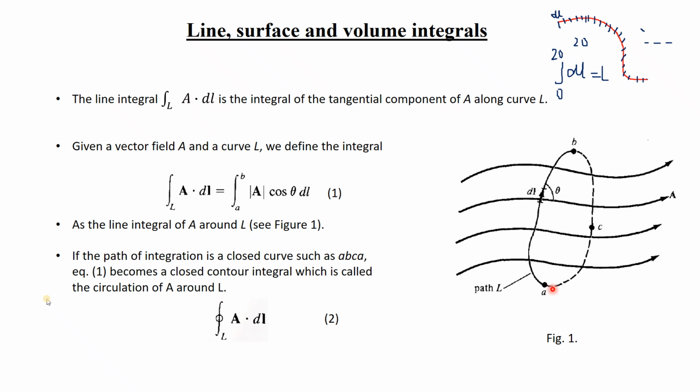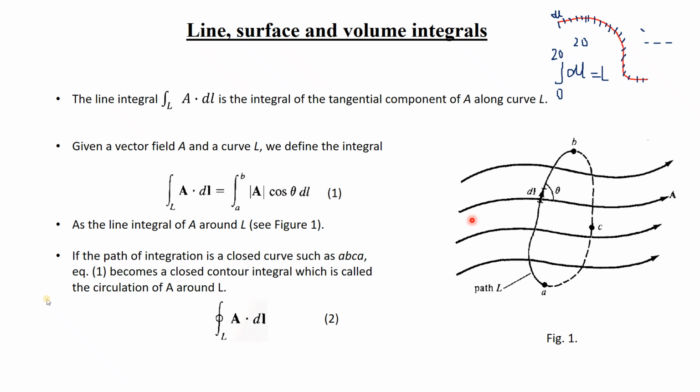The line integral is the integration of A dot dl, that means we travel along the line L through vector A. This is the line integral of the tangential component of A along the curve L. Given a vector field A and curve L, we define the line integral as the integration of A dot dl, which equals A cos theta dl, because this is a dot product.